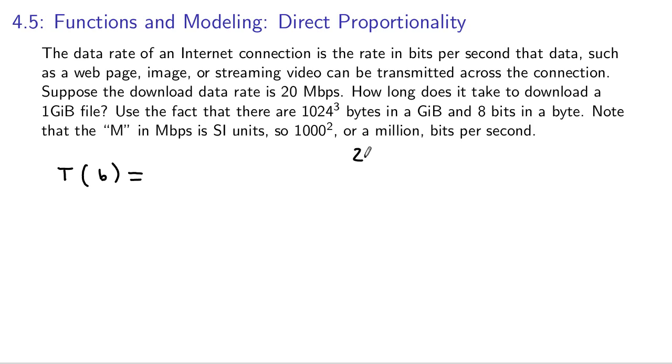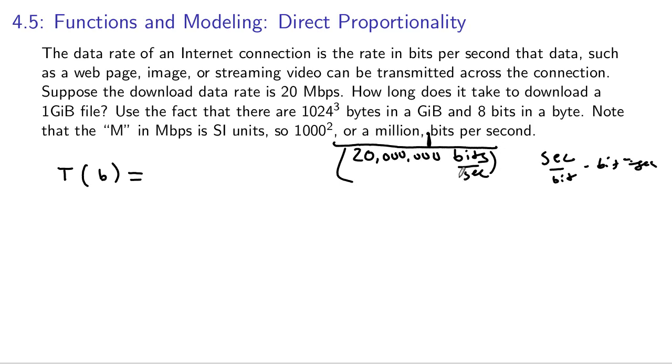We want to put bits in, so bits needs to go on the bottom. So here we have 20 mega, which meant million. So 20 million bits per second. But we want seconds per bit, so we can multiply by bits and get out seconds. Okay, so what we need to do then is to invert this, and we can write inversion quickly as -1, which we'll talk about later. Let's just think about dividing all of this under a 1. So we would have 1 over 20 million. What is 1 over 20 million?